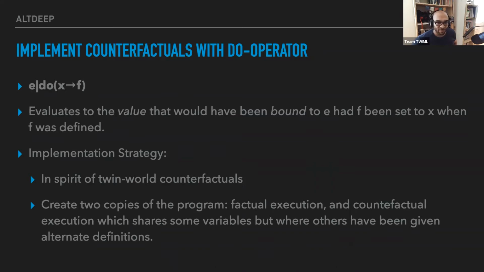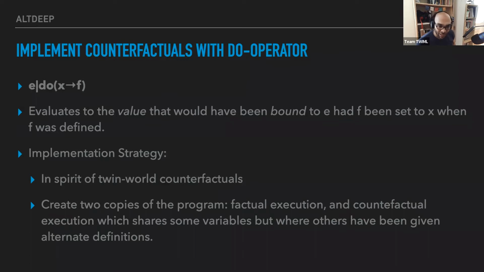So this looks a lot like Perl's do notation. But what it means is that this evaluates to the value that E would have had F been set to X when F was defined. If you're familiar with do style notation, there is no notion of when in those semantics.